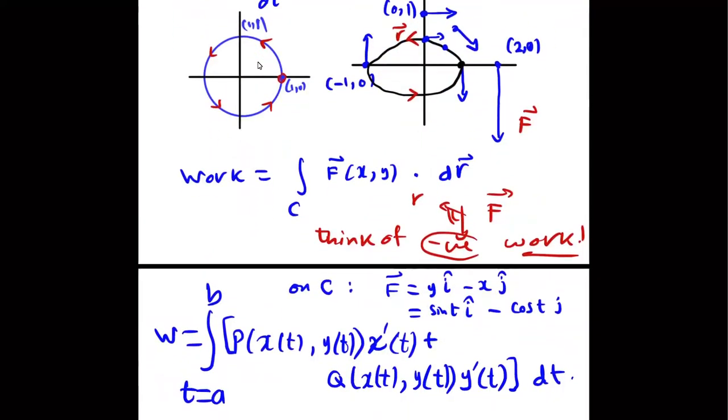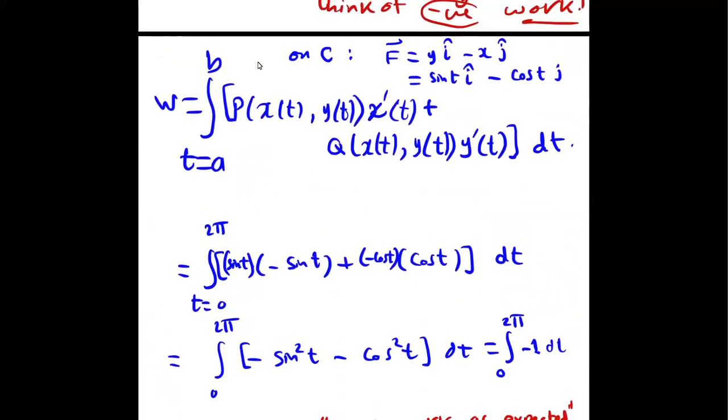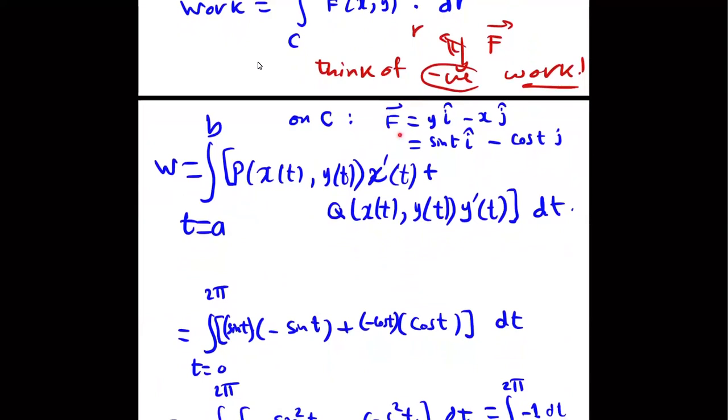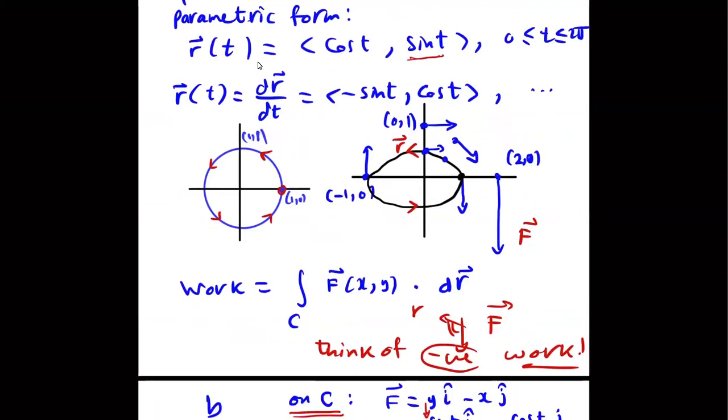So where is the F? This is the F: y in the direction of i minus x in the direction of j. Plug in the value of y on this curve. On C we have what? F is, plug in the value of y on this curve, it is sine t.